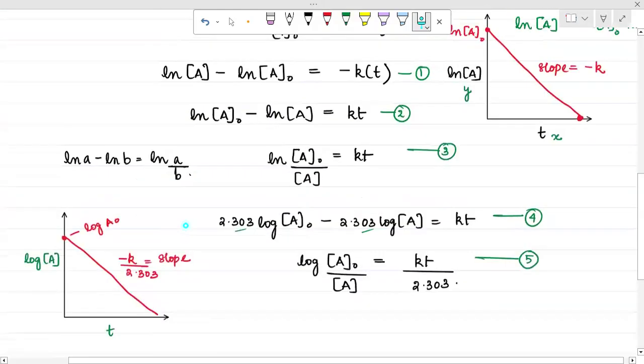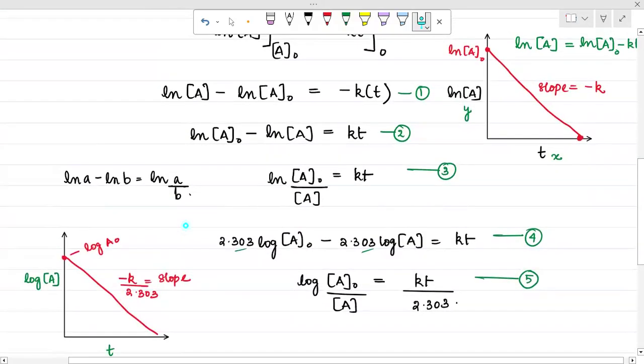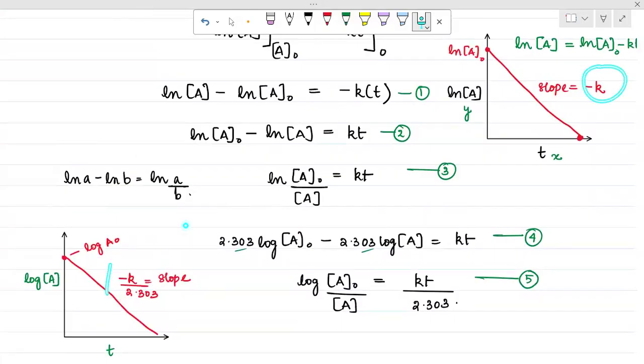In the exam, you get options where both of these are there: the answer corresponding to minus k and the answer corresponding to minus k by 2.303. So don't get confused. Pay attention. Focus. All right.